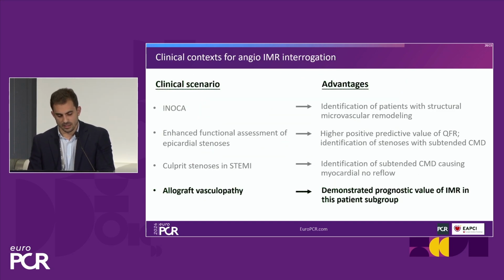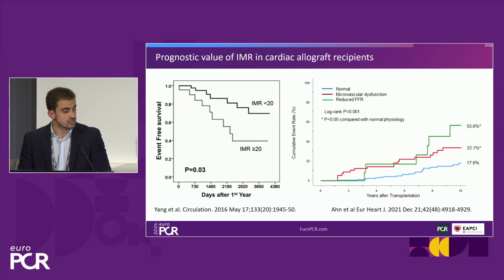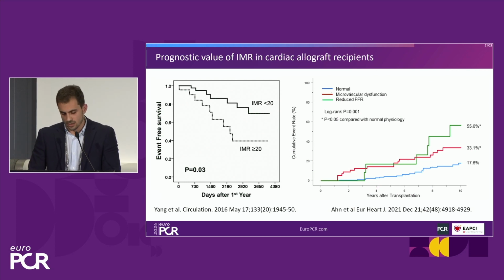And finally, the last application of angio-IMR techniques, one of the most important ones, may come from the evaluation of the microcirculation in patients that receive allografts, that receive transplants, because we know that microvascular dysfunction is highly associated with bad outcomes after the transplant.